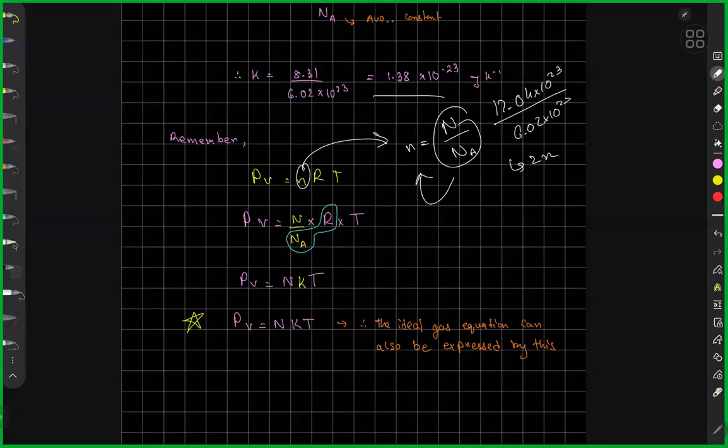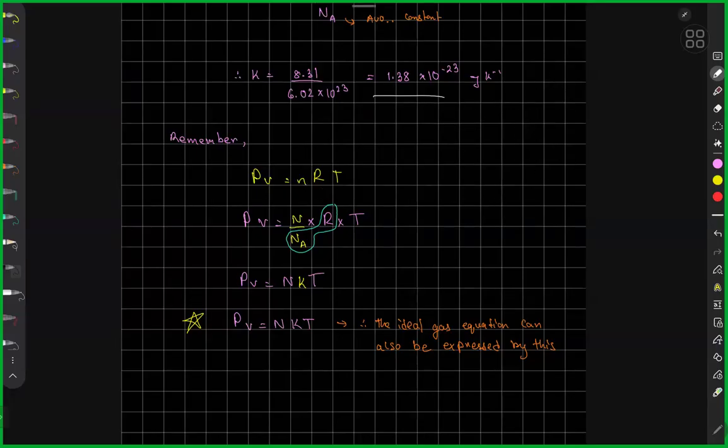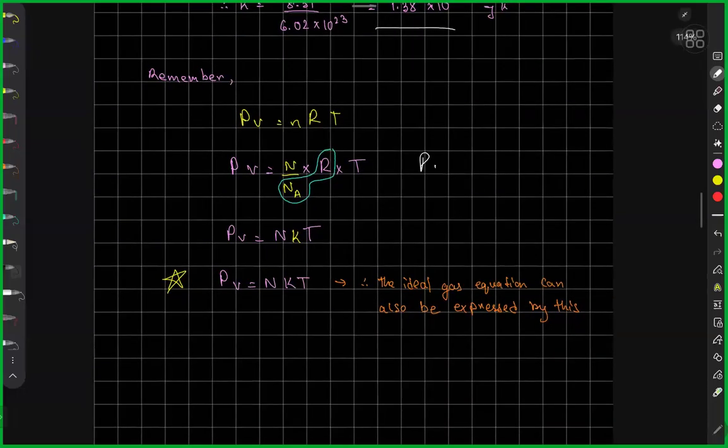So is this a valid equation for finding moles? Yes, it is. Can I replace this over here instead of mole? Yes, I can. It's a valid substitution. So now when I do that, what do I have? PV is equal to the number of atoms available to me, let's say in a container, divided by Avogadro's constant, times R times T. Can I change this into K?